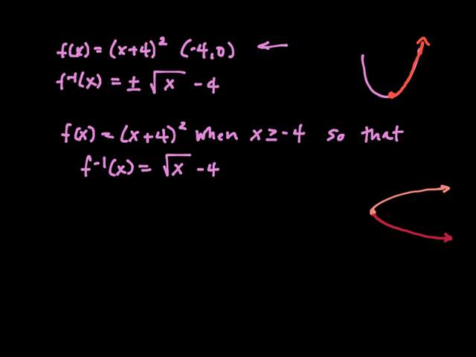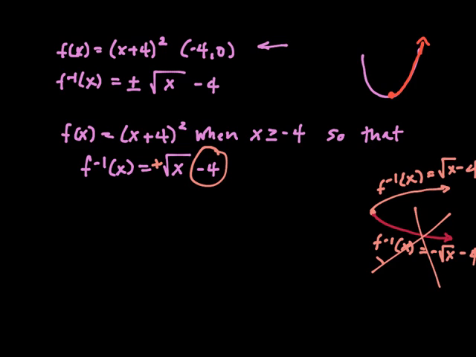Okay, and the top portion is f of -1 x equals square root of x minus 4, and the bottom portion is f of -1 x equals negative square root of x minus 4. Guys, also remember that this -4 is outside of the radical. Okay, it's not inside of the radical. I am just including just this positive portion, not the negative portion. I don't want this, because I did choose not to use that left part, okay.